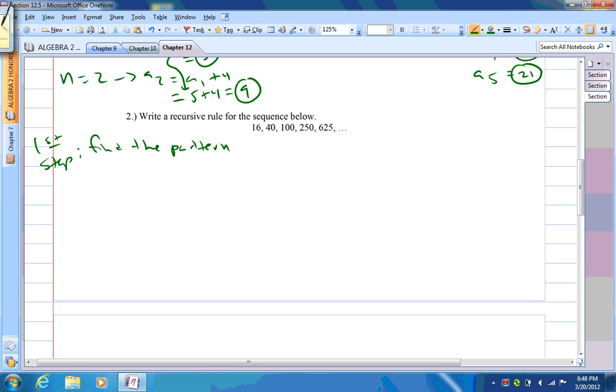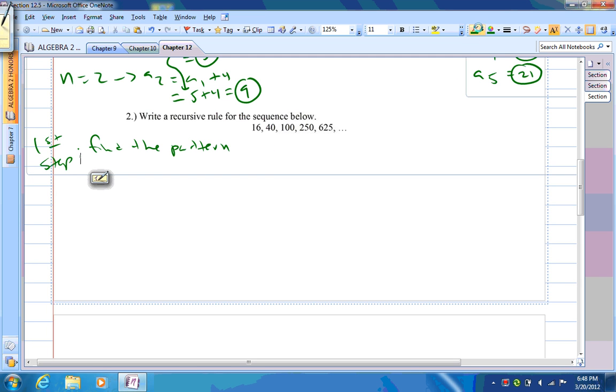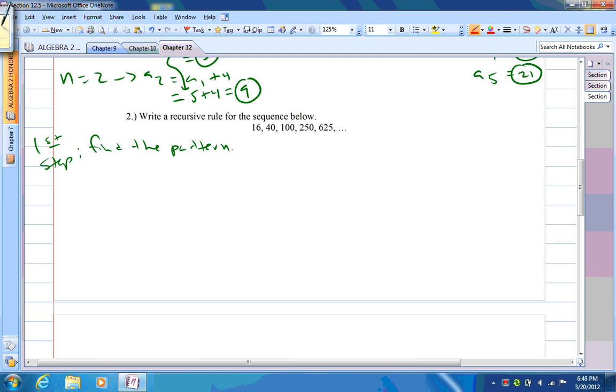So the pattern, if you think about it, looks like we have a common ratio. I wouldn't say a common difference because the difference between the first two terms is 24, then the difference for the second and third terms is 60, so that wouldn't work for us.